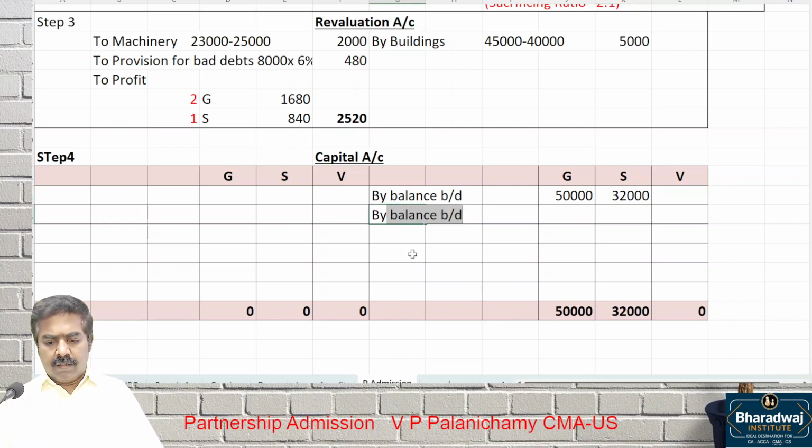Then before revaluation profit, goodwill brought in by the partner. Cash brought in for goodwill. Yes, how much was brought in for goodwill?